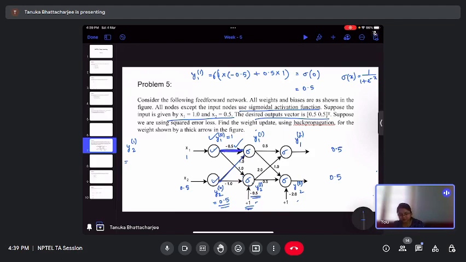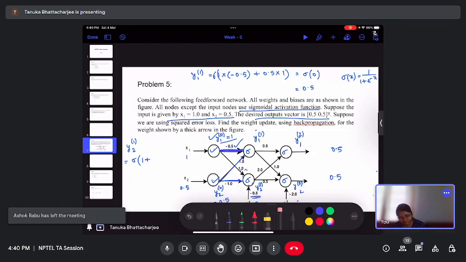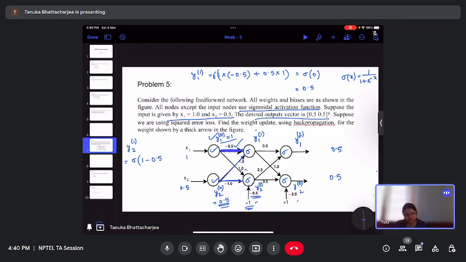So while computing y21, you get 1 into this weight 1, so 1, plus y20, which is 0.5, connected through minus 1 on this path, so you have minus 0.5, plus from the bias term you are getting again minus 0.5. So again you have sigma of 0, which is 0.5. So both y11 and y21 are 0.5 in this case.